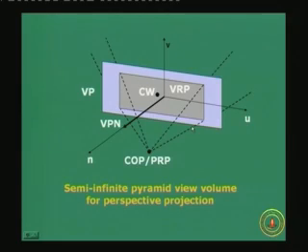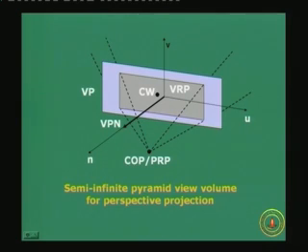Well, if these are defined with respect to the COP or PRP, the center of projection or projection reference point, you can define a semi-infinite pyramid view volume for perspective projection. We said that rays come out from the object, intersect the projection plane and meet at the COP.